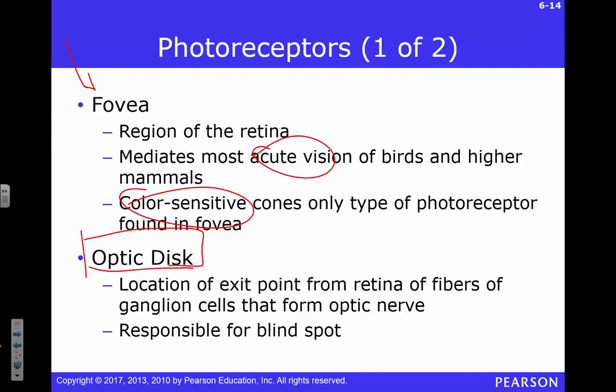So every time you go to the eye doctor, they shine that light in your eye, they're looking at your nervous system there. It's one reason we know so much about the visual system. It's been accessible to us for a very long period of time. But this optic disc is where all of those axons, all of those fibers punch back through and go back to your brain, right? It actually creates a spot called the blind spot.